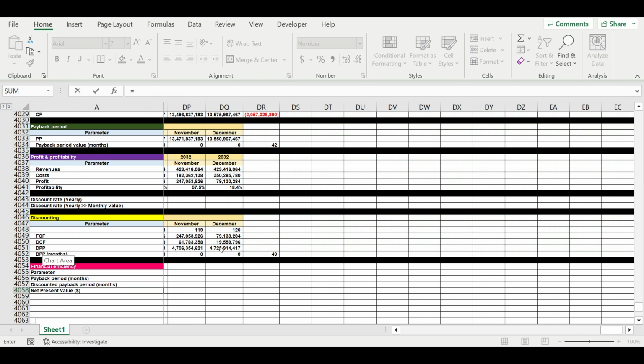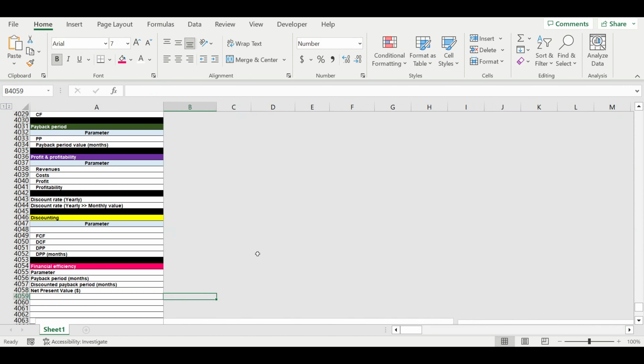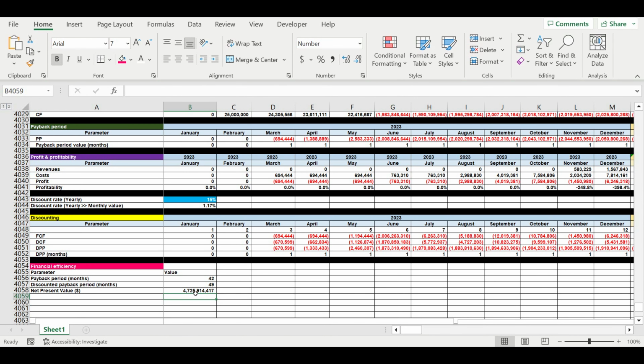This will be the net present value for the project, and then we will calculate net income. This will be nominated in dollars. Let's say net value.